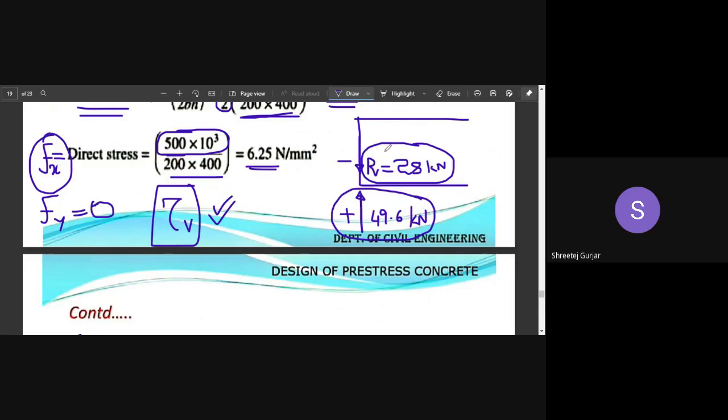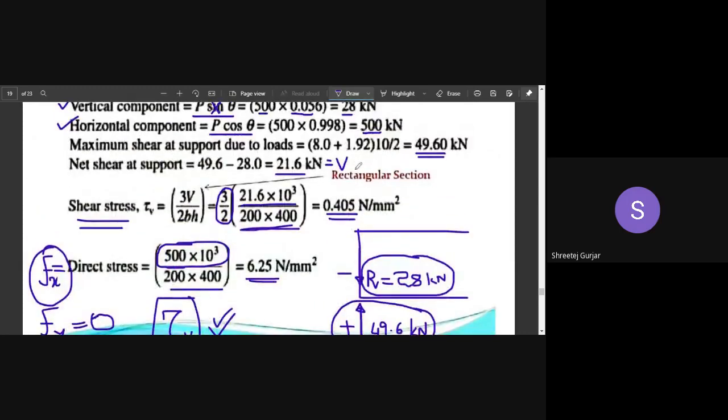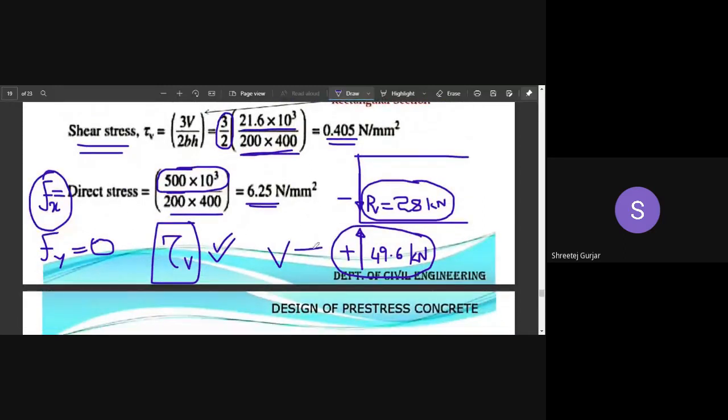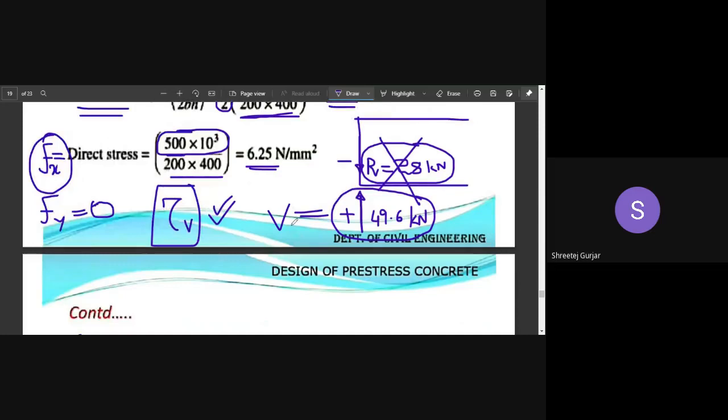There will be no vertical component, there will be no horizontal component. So this V will be directly equal to 49.6. There will be no plus and minus, no considering of your net shear force, because the vertical and horizontal components of your pre-stress will not exist.